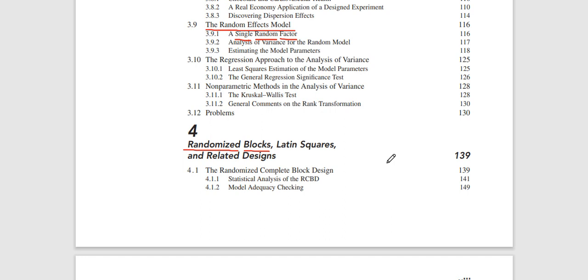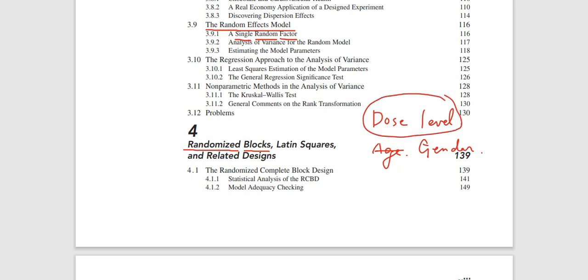Here we have these levels, and we have people's age, or maybe gender. Here we focus on the levels. We want to determine which of those is more important. The gender, male or female, we don't care about that effect. So we call that a block.